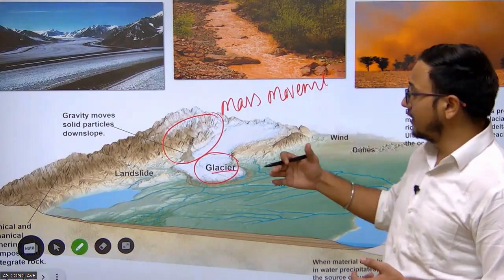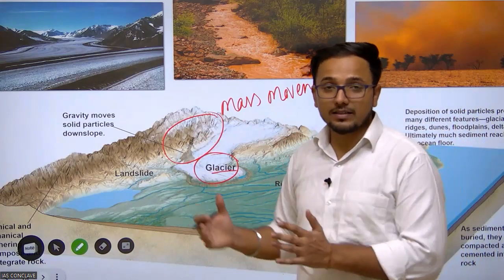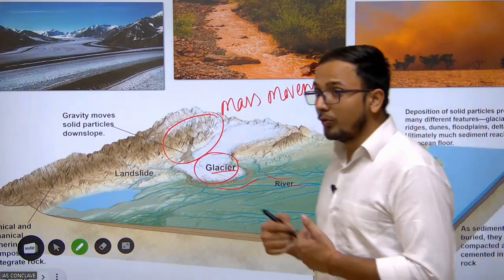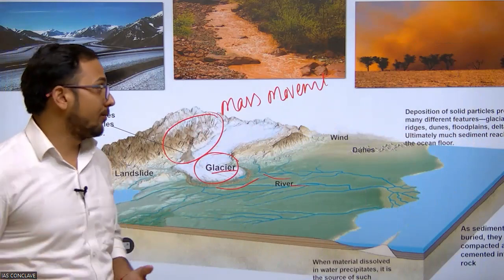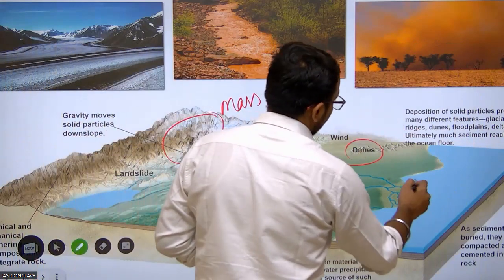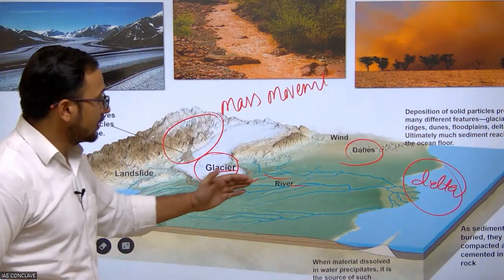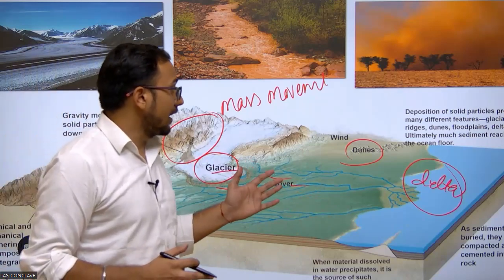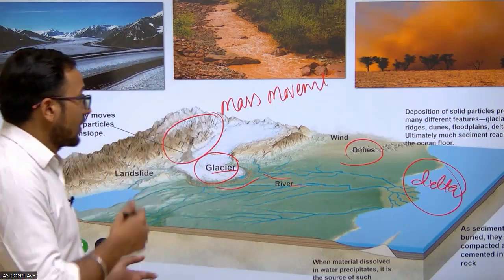Then gravels and particles of different sizes are transported through streams, rivers, and winds. They form different depositional landforms like dunes and deltas. Through all these erosion agents, they are going to deposit different types of sediment.